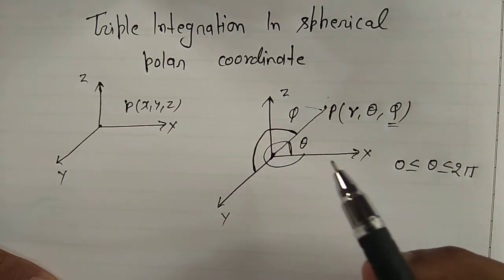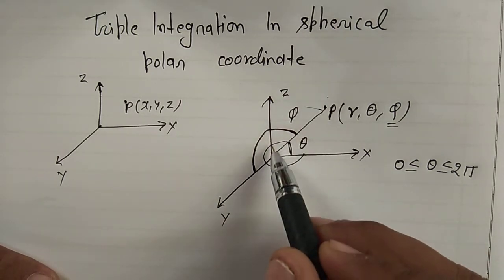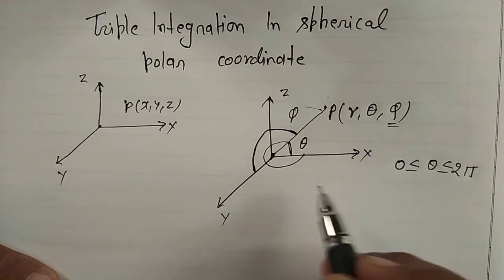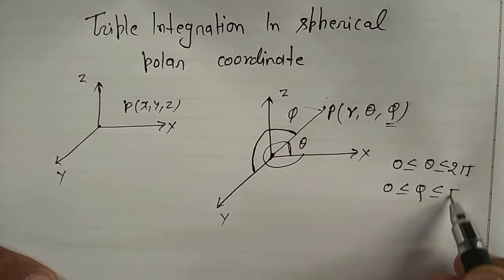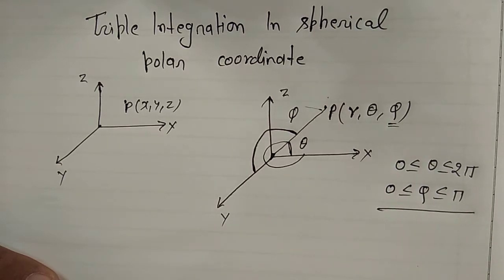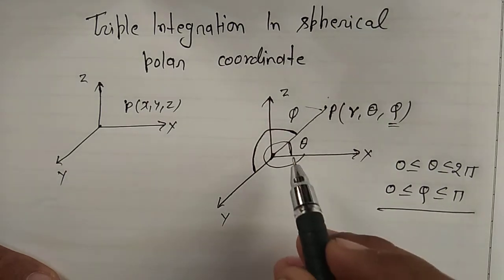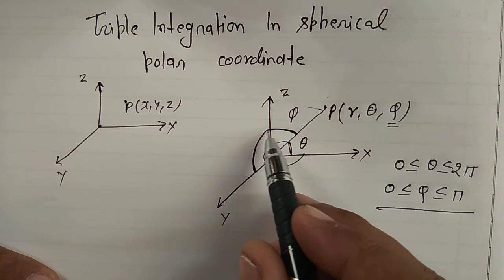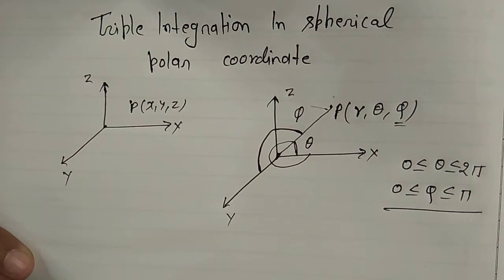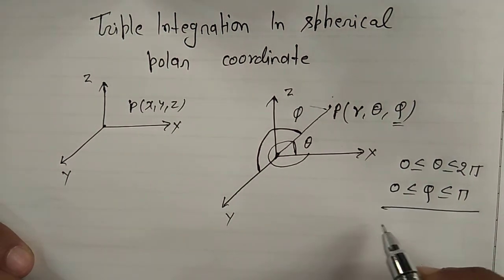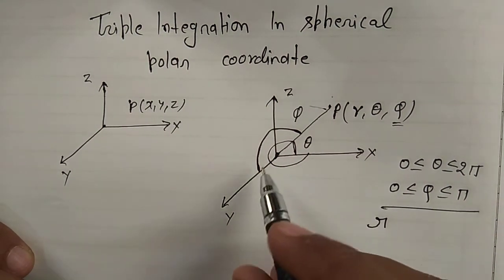Angle from the point to the z-axis, so your phi range will be 0 to pi. The maximum limit of phi is pi, because phi can be 0 to pi only, because it's the angle from the z-axis, okay. And r is the distance from the origin to the point.